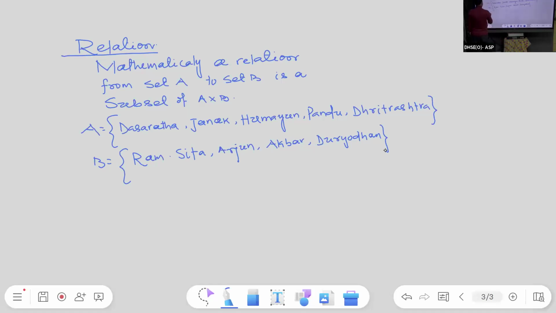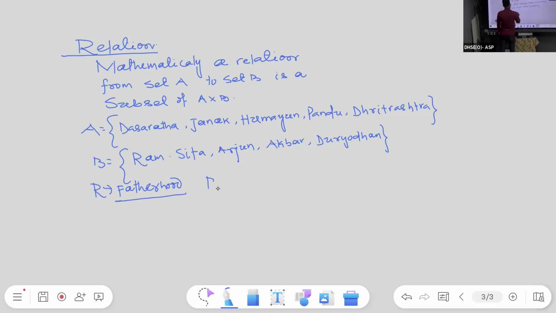Let us consider the relation as R. R be the relation fatherhood. Right? So by the relation fatherhood, Dasarath is related with Ram. That means Dasarath is the father of Ram.